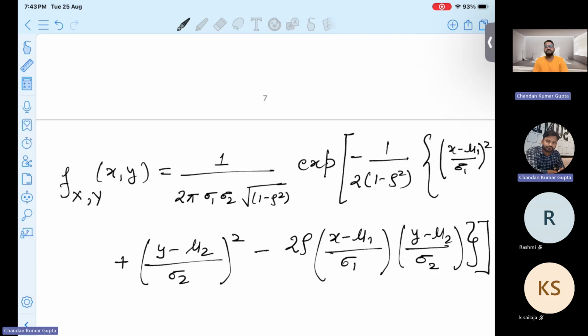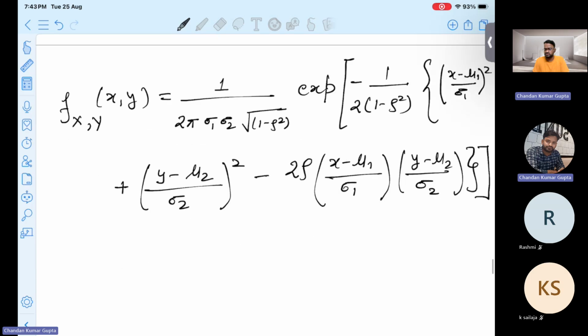So this is the probability density function for the bivariate normal distribution.